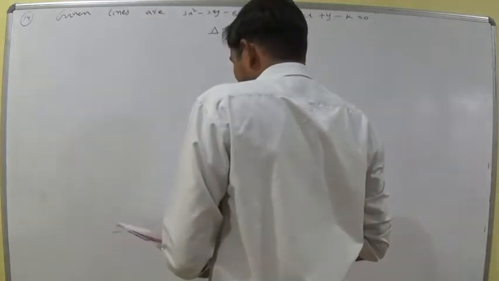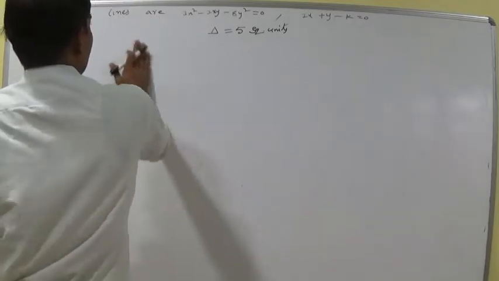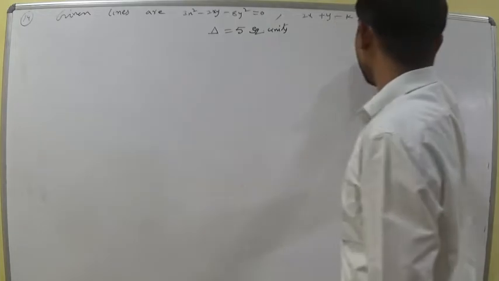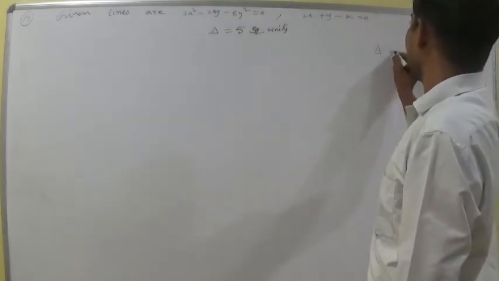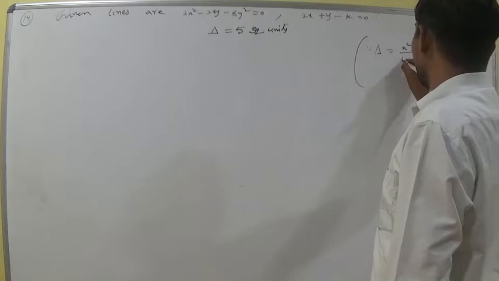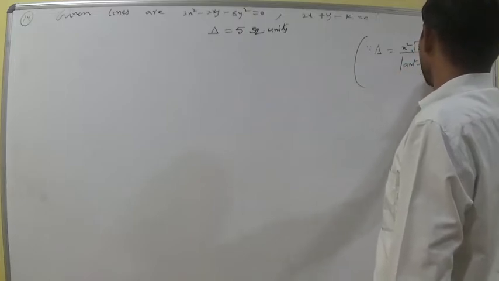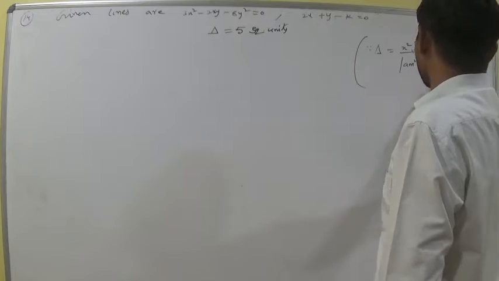We know the formula for the area of triangle delta equal to n square root of h square minus ab by modulus of am square minus 2hlm plus bl square.